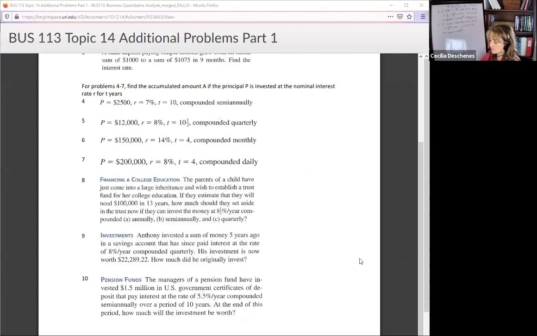Okay, and what I get for that is 1.02 raised to the 42nd power, and I multiply that by the 12,000. So I get 27,566 dollars and 93 cents.